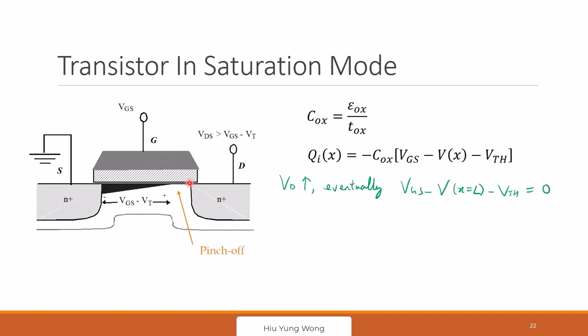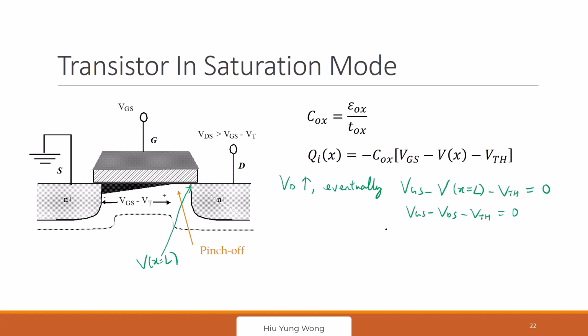Because this point is Vx equal to L, at the end of the channel. But of course, this is just equal to VD, correct? Because that point touched the drain.